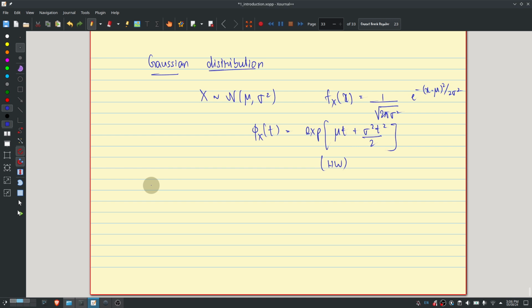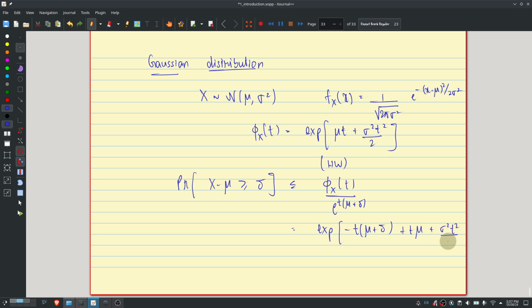Okay, so then the probability that x minus mu is greater than or equal to some particular delta is less than or equal to e raised to minus t times mu plus delta plus t times mu plus sigma square t square divided by 2.